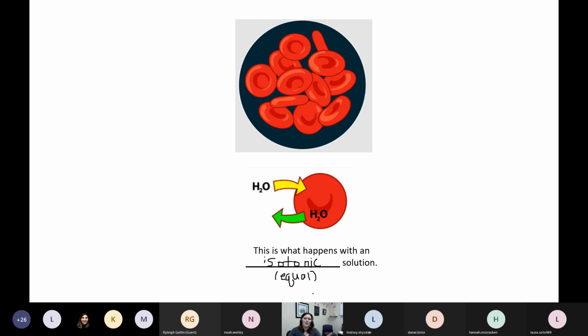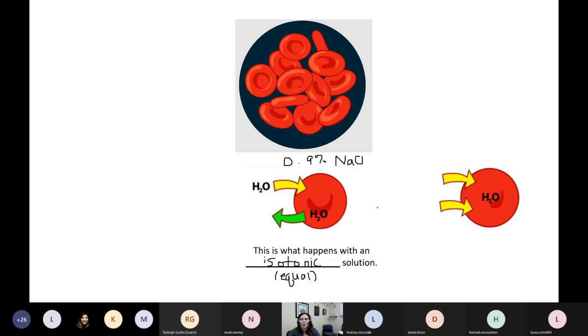So when we have our cells in an isotonic solution, which like Seth mentioned, is 0.9% sodium, the amount of sodium inside our cell and outside our cell is the same. So our red blood cells stay the right size, water moves in, and then it goes right back out. Your cells are happy and healthy when your plasma is isotonic.